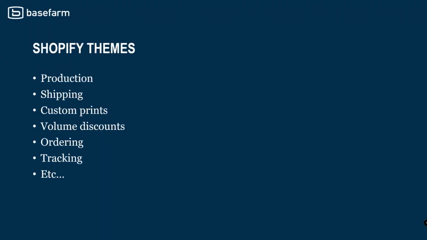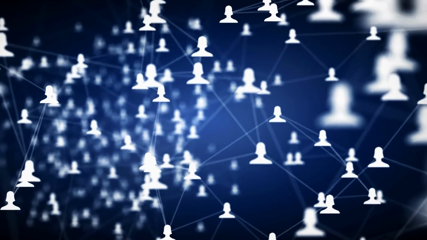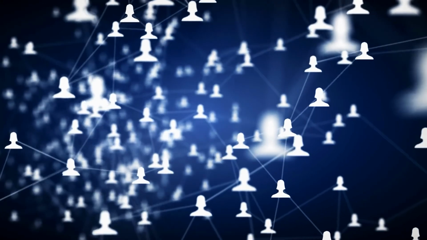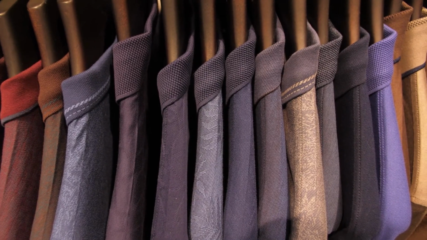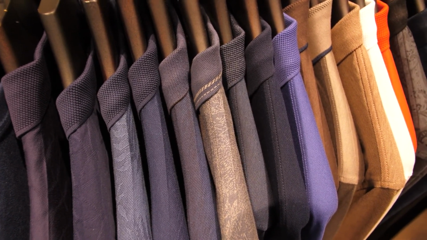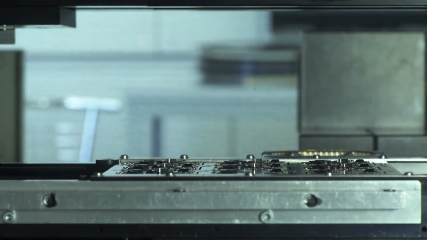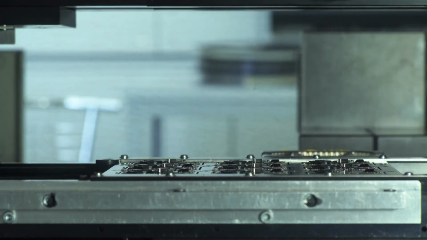Let's call this, which is actually called, globalization, to put it simply, because all these components, production, shipping, custom printing, volume discounts, order tracking, are Legos in my e-store, my t-shirt store. And the idea here is that you don't do everything yourself. You combine the components. In the cloud world, you call these PaaS components, platform as a service, or software as a service components.